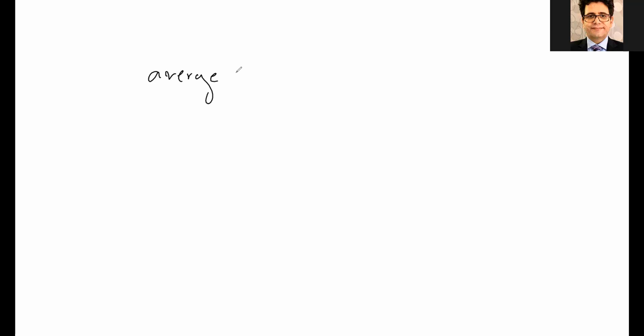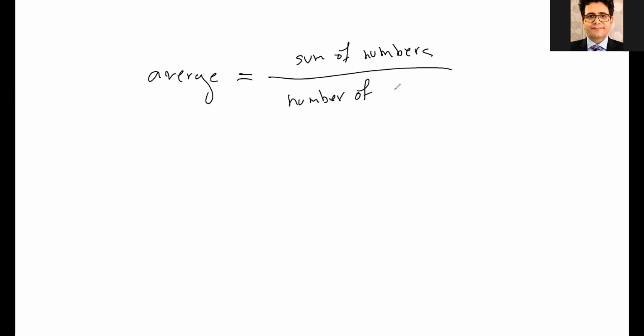The average of some given numbers is equal to the summation of those numbers, the sum of numbers, divided by the number of data.